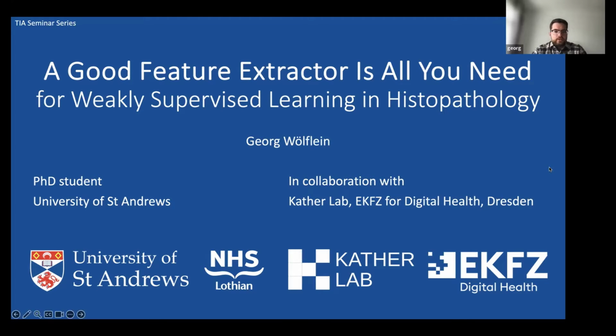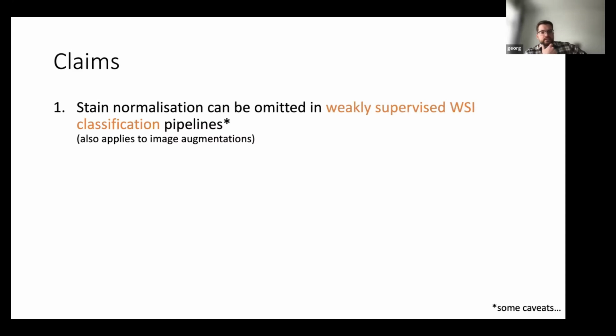All right, I will start this talk off by making two claims about weakly supervised learning, specifically weakly supervised whole slide image classification, which I will try and convince you of in the remainder of this talk. If there's anything that you take away from this talk, these are the two main points. Firstly, that stain normalization can be omitted in weakly supervised whole slide image classification, and similarly also image augmentations.